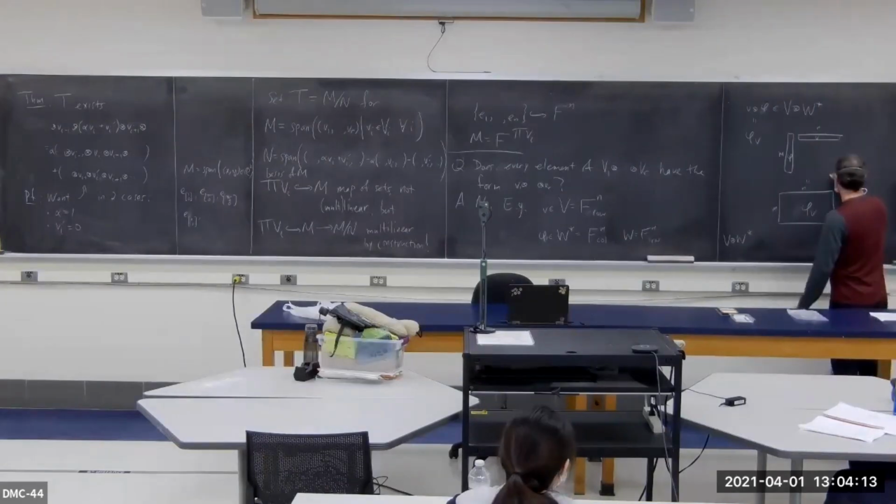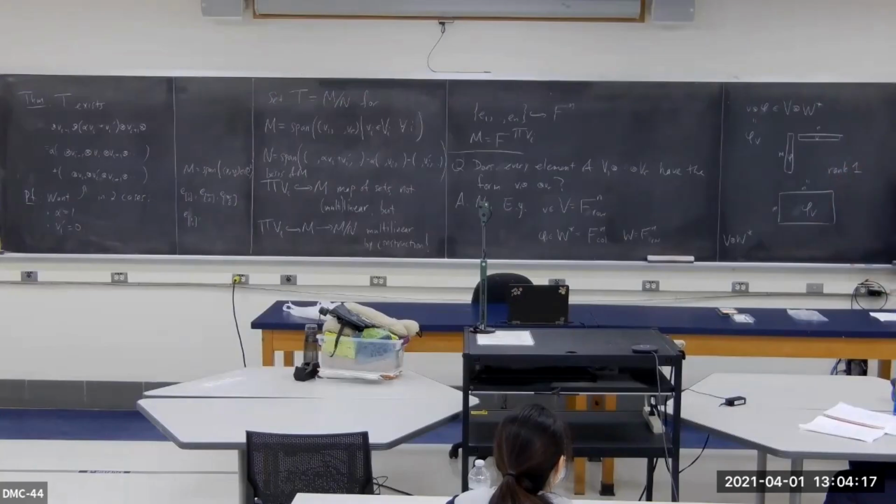So this has rank 1. But there are lots of matrices that have rank bigger than 1. That's only true if both m and n are bigger than 1. If one of them is 1, then it isn't true that there are matrices of rank bigger than 1. It's only true if there are at least 2 rows and 2 columns.